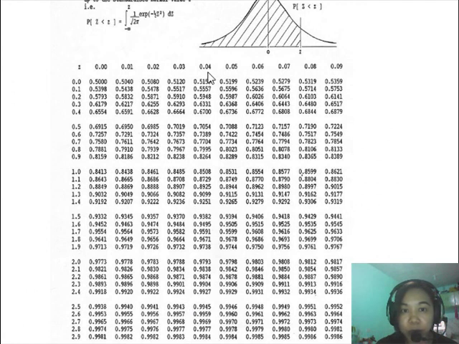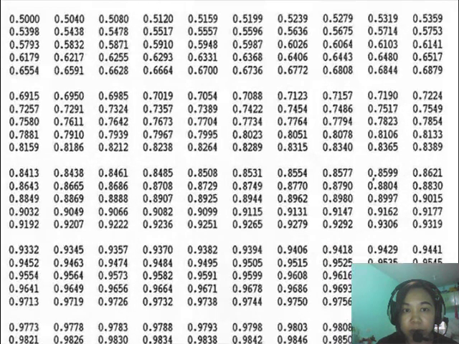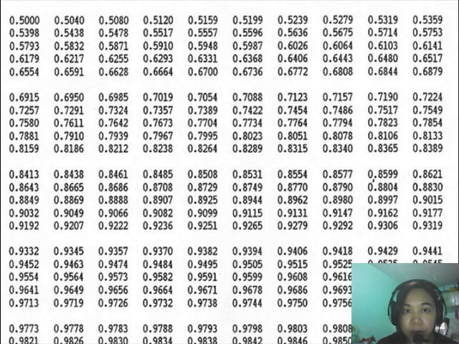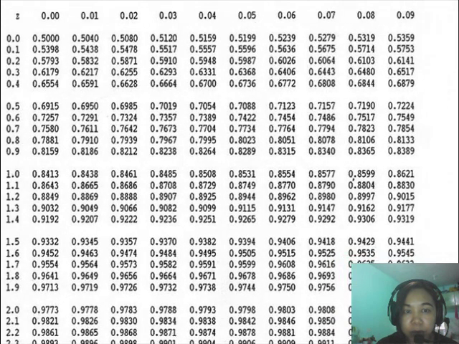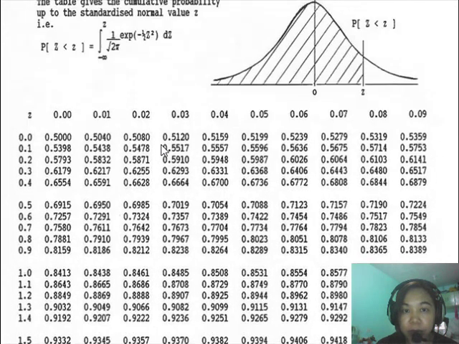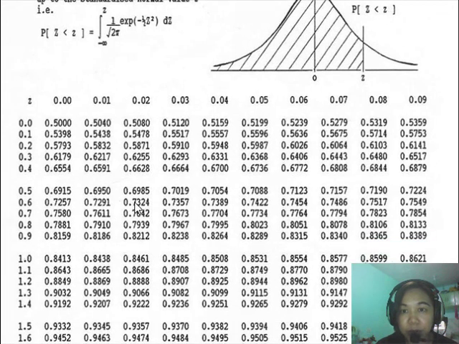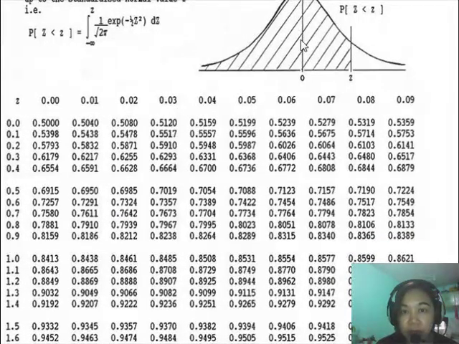Let me show you. I already mentioned that there are lots of tables of the area of a normal curve, or the z-table. This is just one where it covers the entire area of a normal curve. You can notice that it covers the total area when you start at z of 0.00 with 0.5.